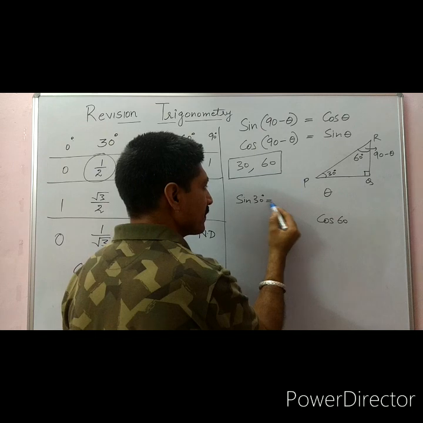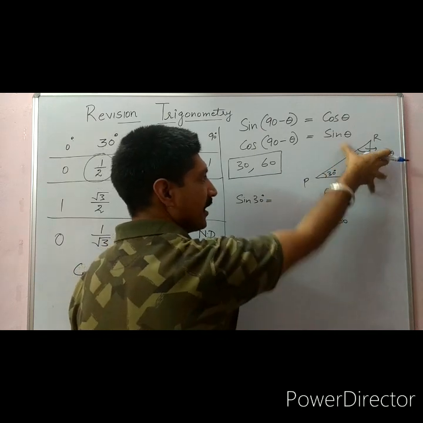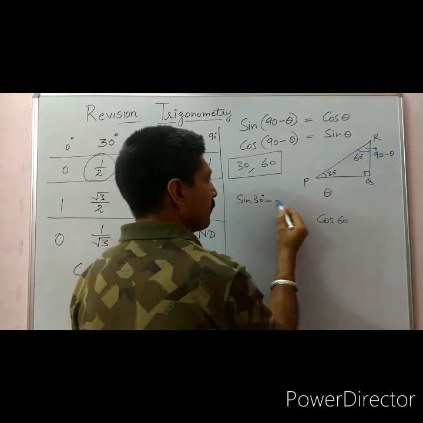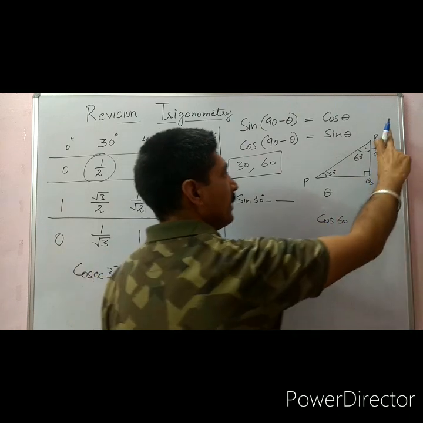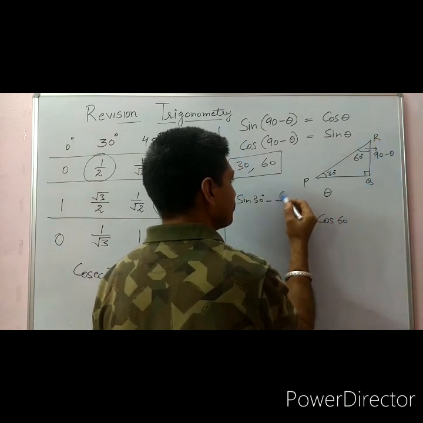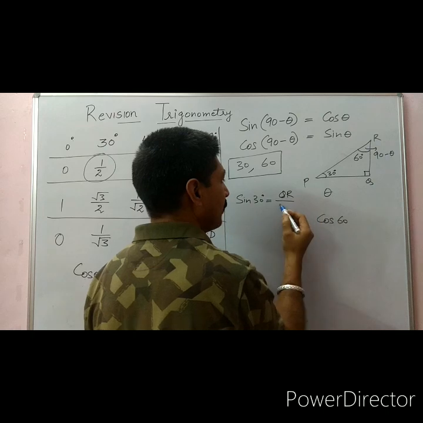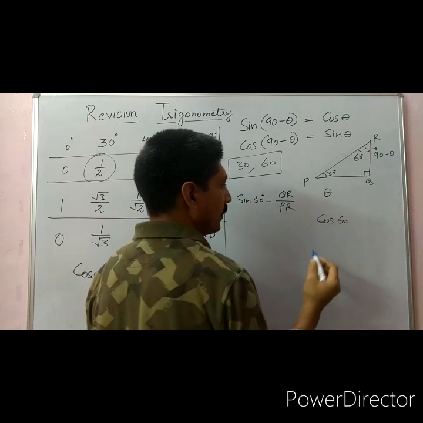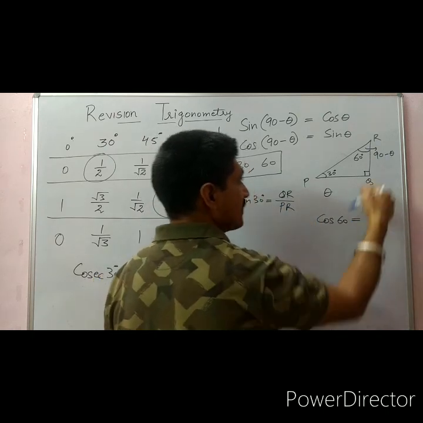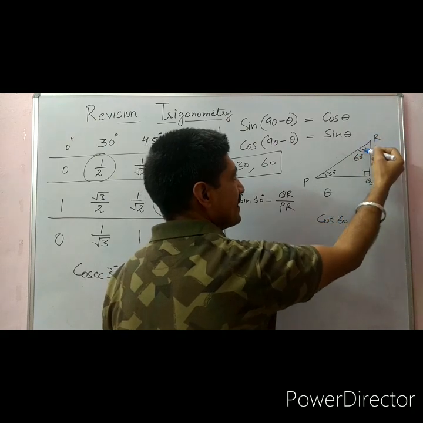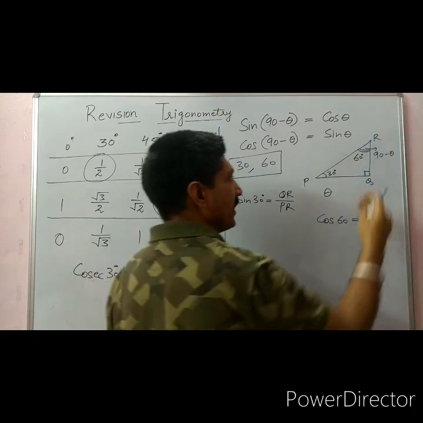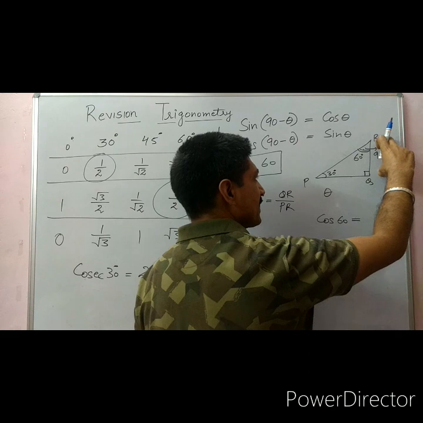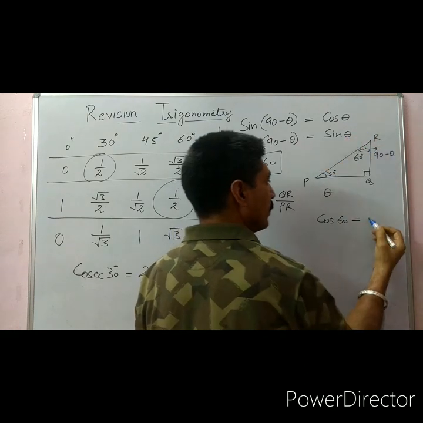Even here, sine of 30 degree for this triangle, we have perpendicular, that is QR, and hypotenuse is PR. Now cosine of 60 degree, now this angle is 60 here. So here QR is the base and PR is the hypotenuse here.